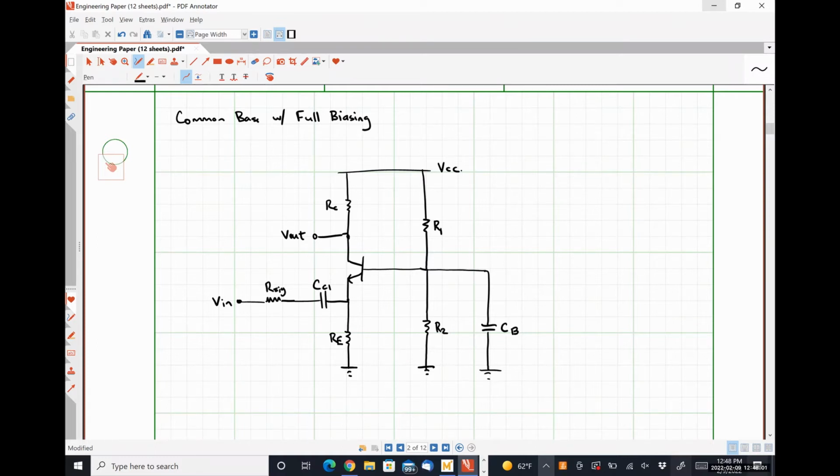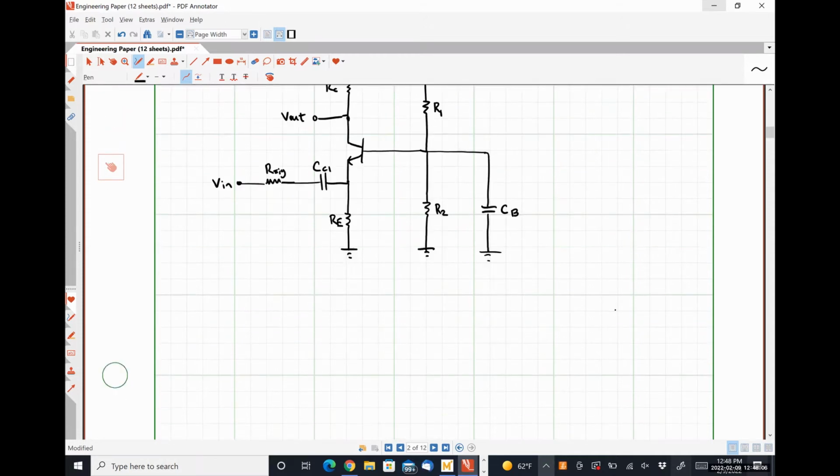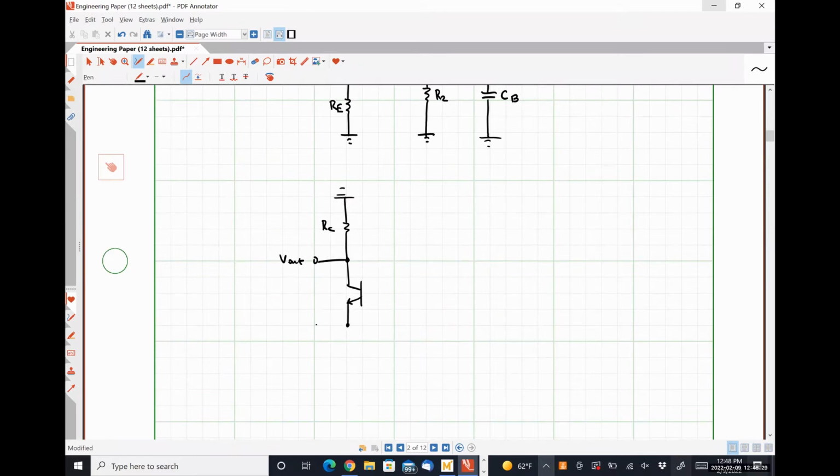Okay. So a simplified version of this circuit looks something like this. So we have RC grounded on one end. Here's our output voltage. Here's RE.